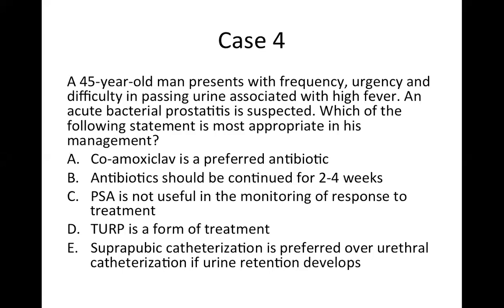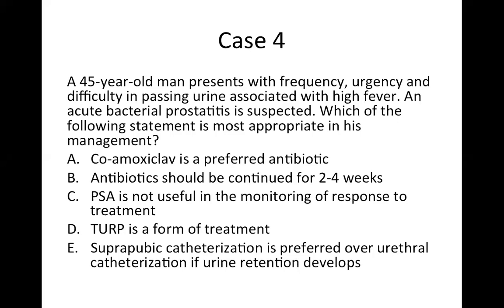We'll see. Coamoxiclav is a preferred antibiotic is wrong because this patient has prostatitis. One important thing about the prostate is that when there is a prostate infection, whatever antibiotic you give has to reach the prostatic tissue if it is to work.